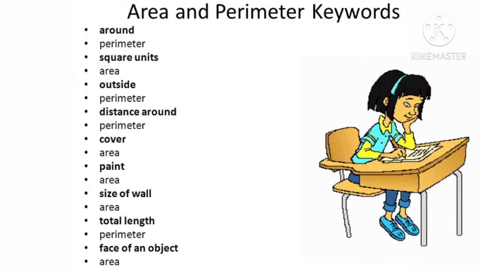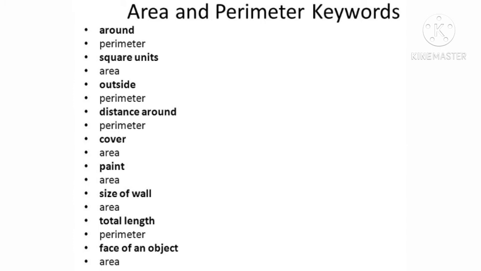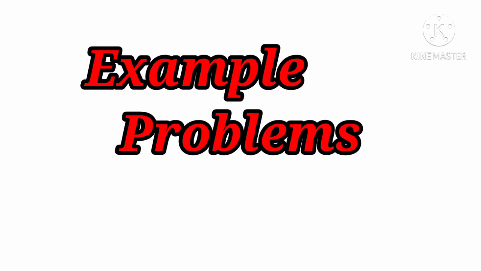The words around, outside, distance around, total length represent perimeter. The words square units, cover, paint, size of wall, face of an object, leveling represent area. Now let us do the example problems.